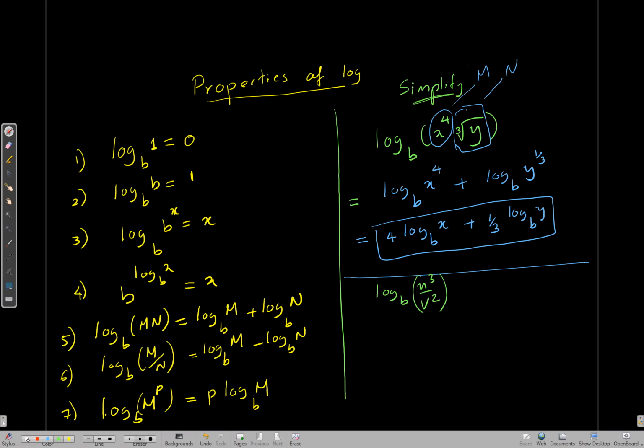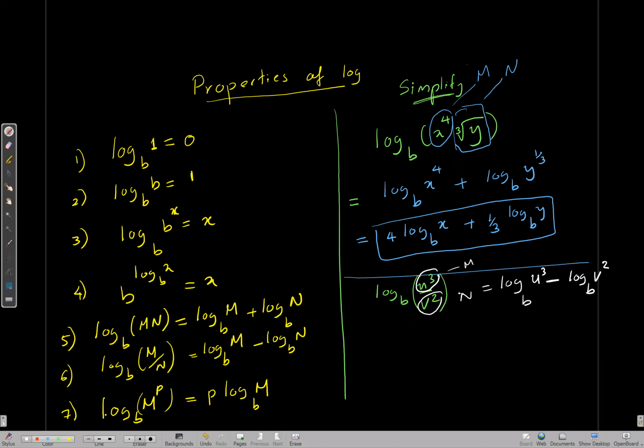If I were you, what I would do is treat this guy and this guy as my m and n. So, log base b, using property number 6, I can break this into log base b of u cubed minus log base b of v squared.